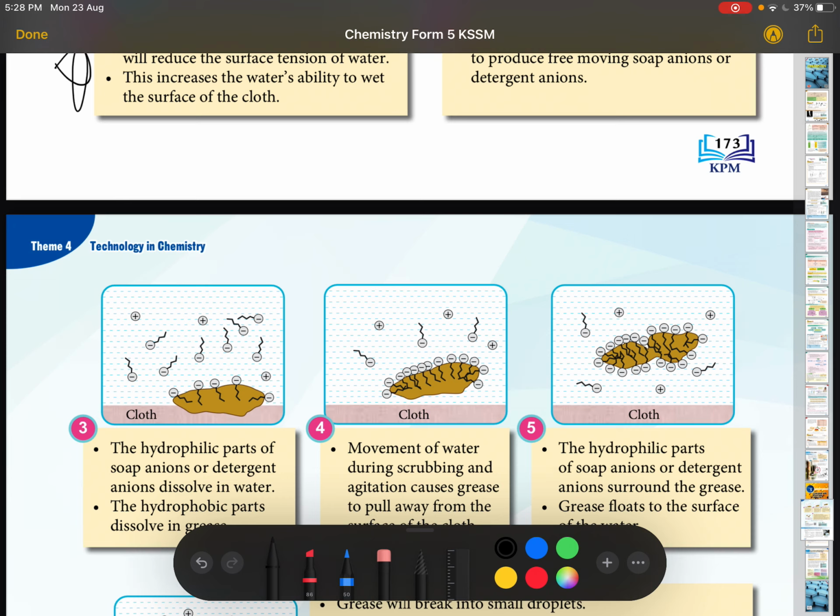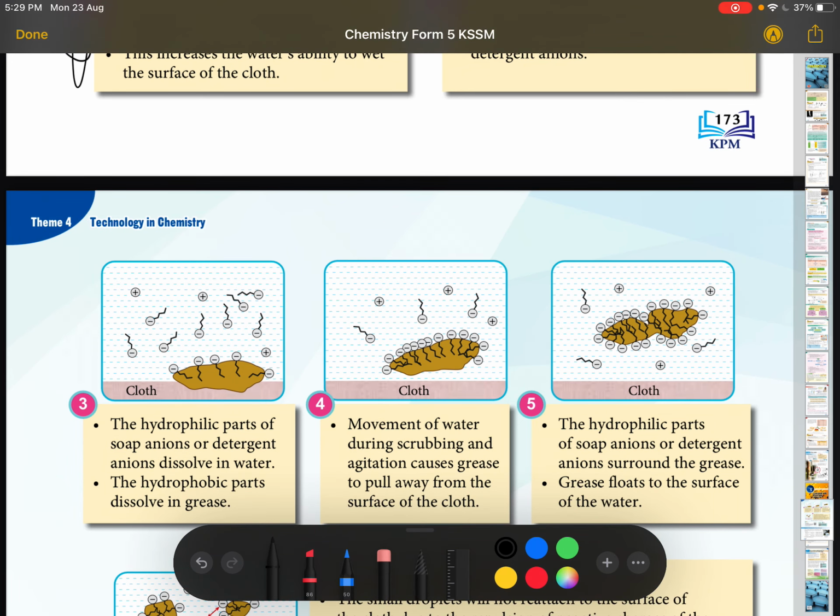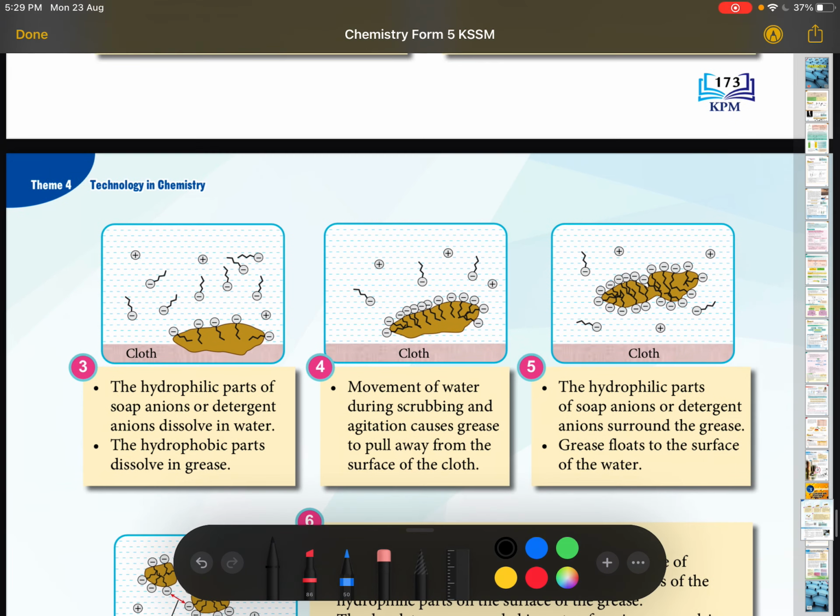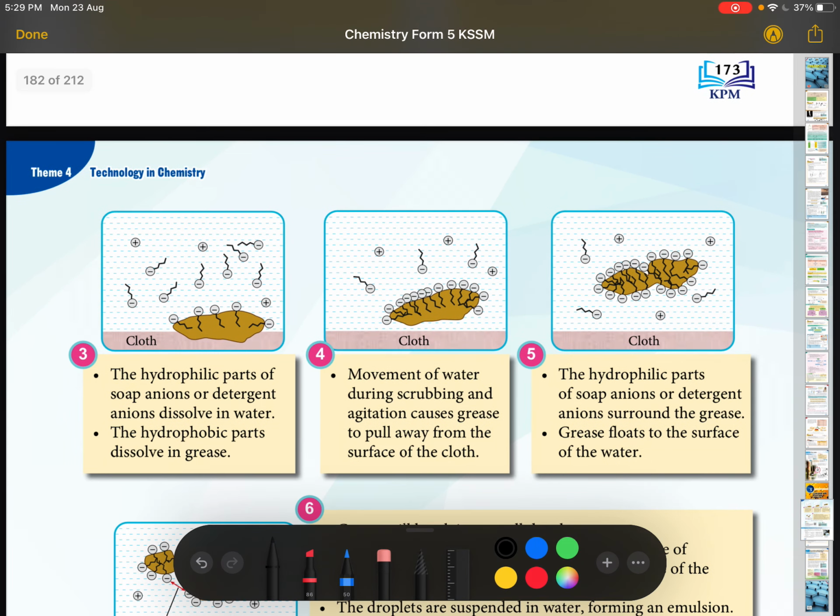The tail will go into the grease because it likes grease, and the head doesn't like grease, so it sticks out in the water. So now you have these tadpole looking things all on the grease, and slowly they will accumulate. They will slowly get more and more together.